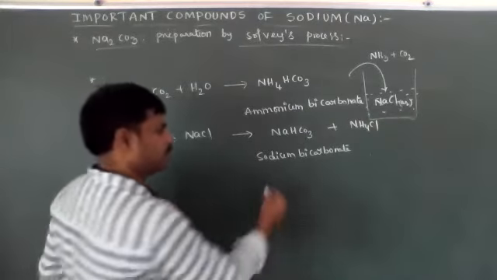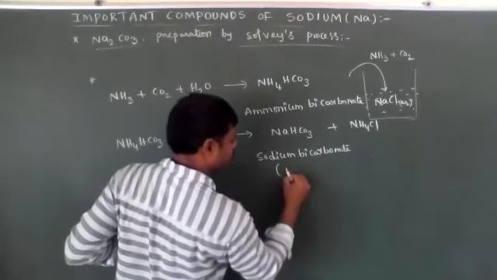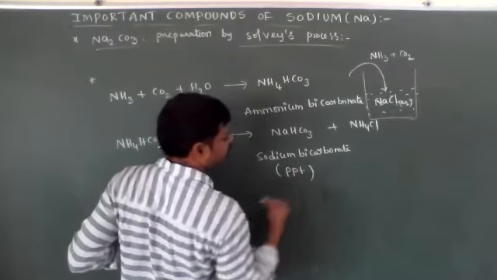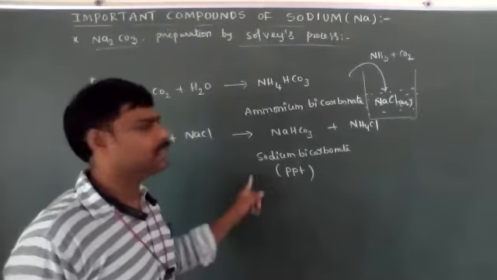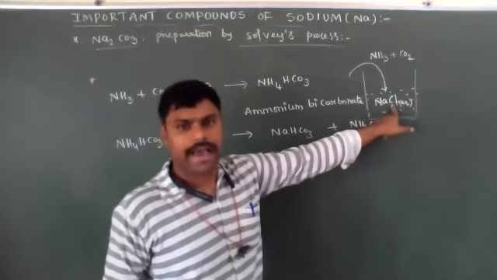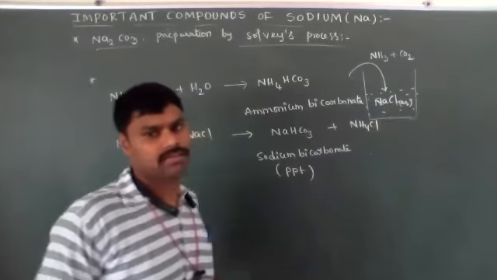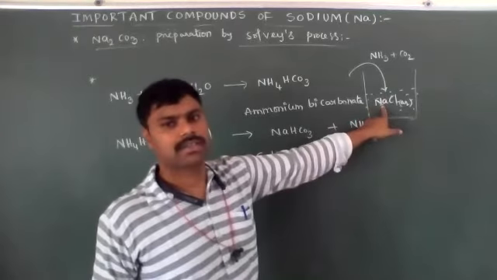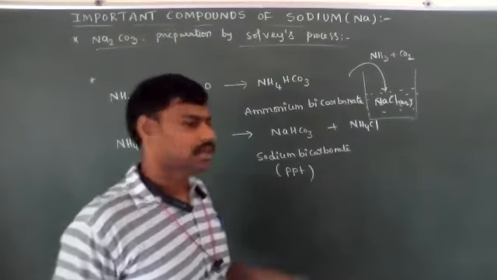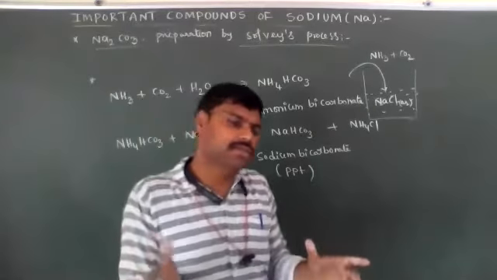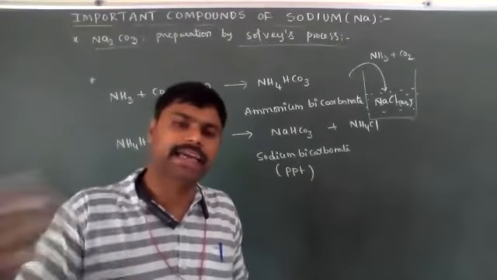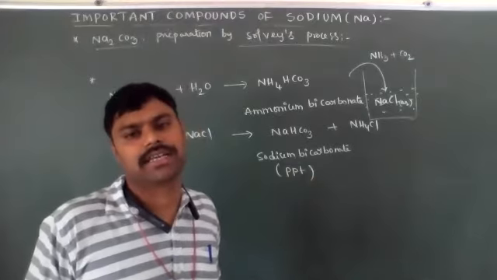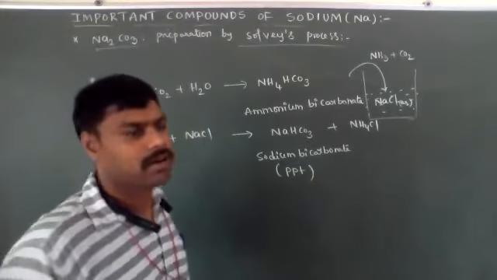This sodium bicarbonate precipitate will form. It is insoluble in aqueous medium, or insoluble in saturated brine solution. This precipitate you have to filter off. Then you have to heat that precipitate strongly, and then we'll get sodium carbonate.